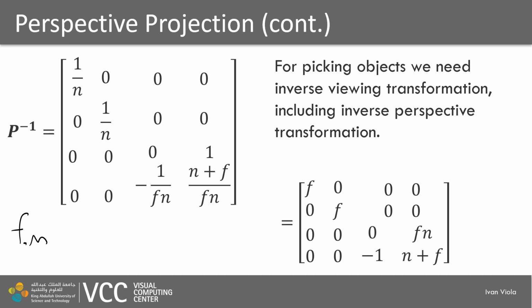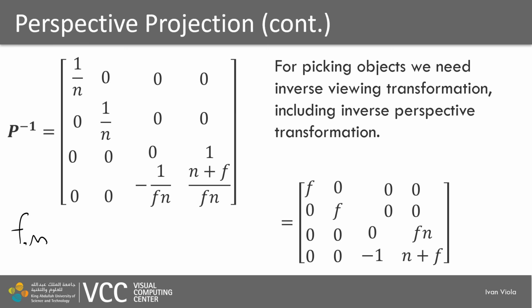So we will have the f values on the diagonal, and here the fn divided by fn times minus 1 will be minus 1, and then in the denominator we have again an fn, and this one will also be removed, resulting in a matrix which is much simpler.